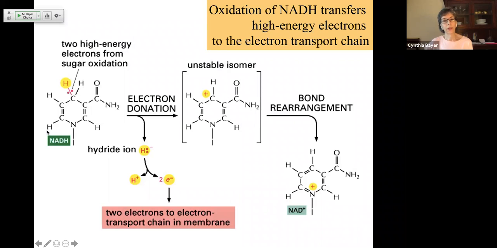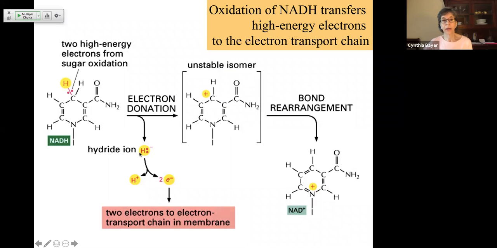Our electrons carried in NADH, the reduced form of NADH, are carried in this proton and this hydrogen atom. The transfer of electrons really is the removal of this hydrogen atom plus another electron, which we call our hydride ion.